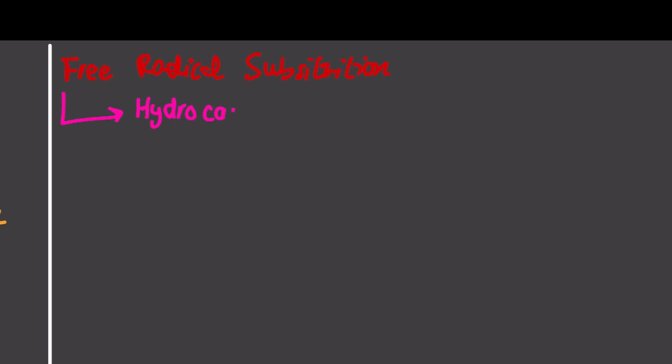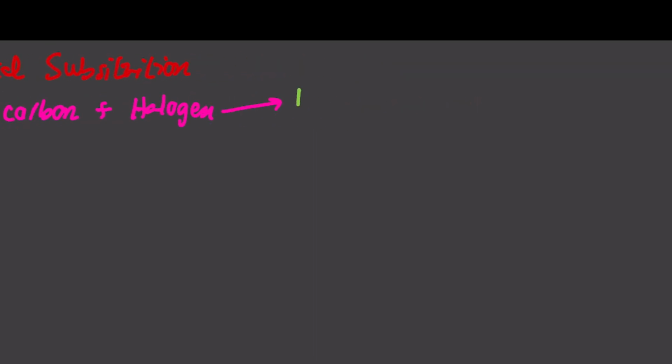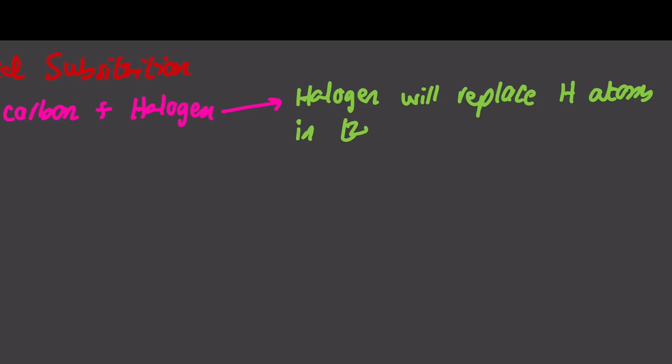So we take a hydrocarbon and we generally take halogen atoms. And what happens is that the halogen will replace hydrogen atoms in the hydrocarbon skeleton, in the carbon skeleton.